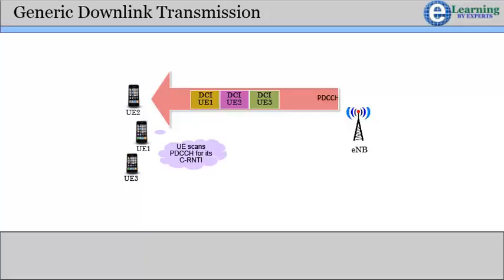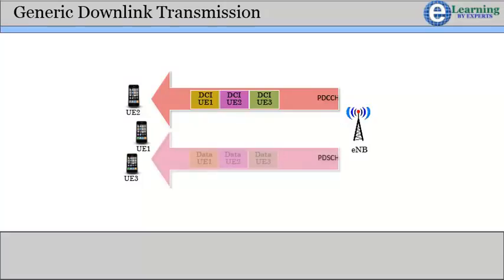Each UE scans through the contents of PDCCH for downlink control information, DCI, associated to its CRNTI. If there is a match, the corresponding allocation information tells the UE where to look in the PDSCH and how to decode the data.